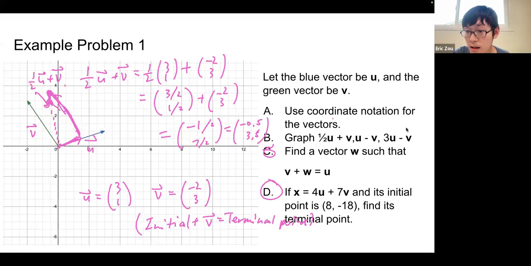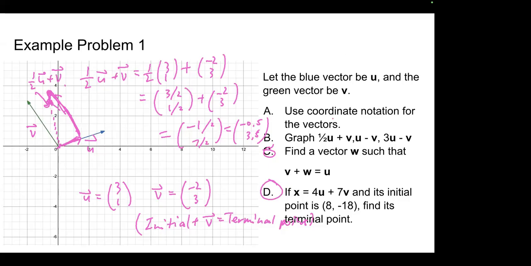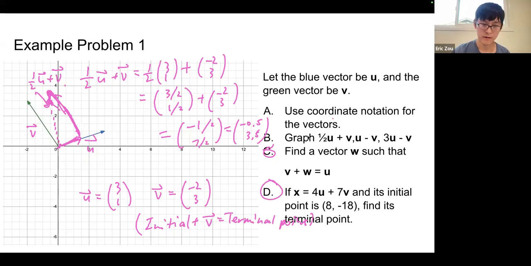Okay, Helen, what's the vector W for part C? Is it like -5/2? Wait, 5/-2? Yeah, it's not really over, it's just 5, -2. But yeah, that's correct. Good job.